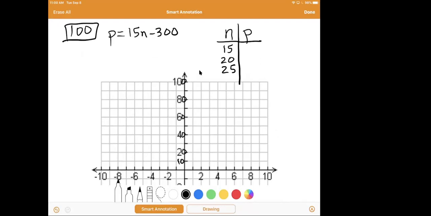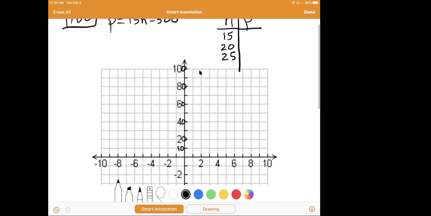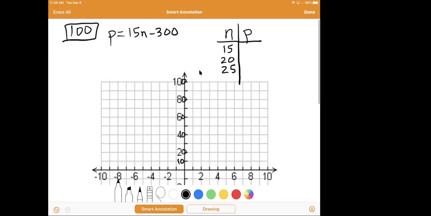Again, if I had a bigger piece of graph paper, or if I scaled it differently, I would be able to use different values, but these are going to be the easiest. So when I let N equal 15, it's going to be 15 times 15 minus 300. So 15 times 15 is 225, minus 300 is negative 75.